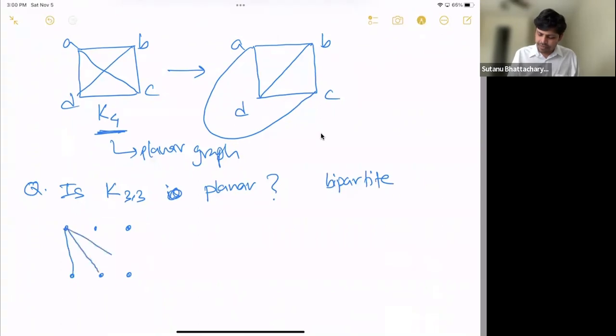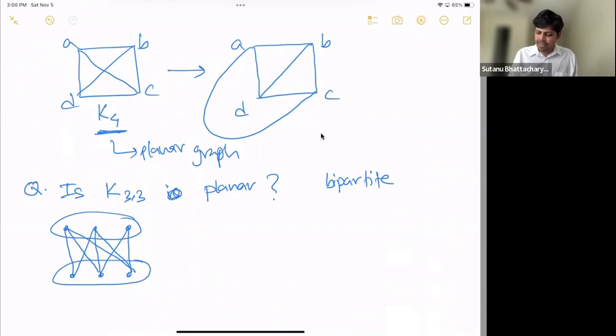Complete bipartite graph means there will be an edge between every pair of vertices from this set to this set. In this set there are 3 vertices, and in this set there are 3 vertices. That's why K3,3. So the total number of vertices would be 3 plus 3, that is 6. So the question is, is K3,3 planar?